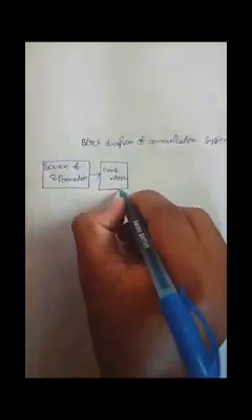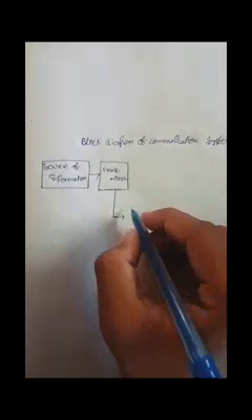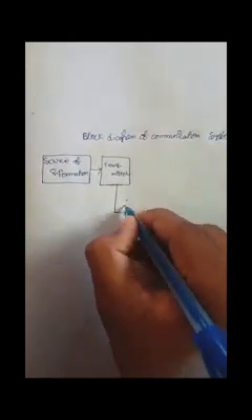This transmitter combines the message signal with the carrier signal, which is transferred to the channel.